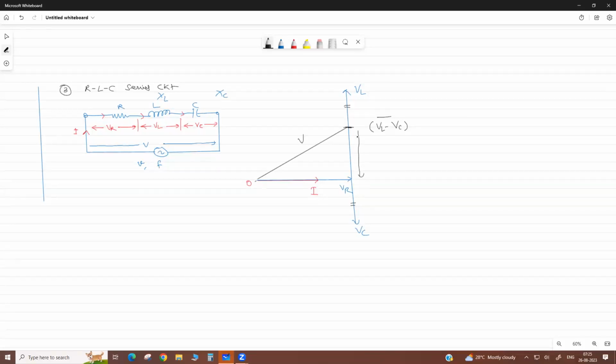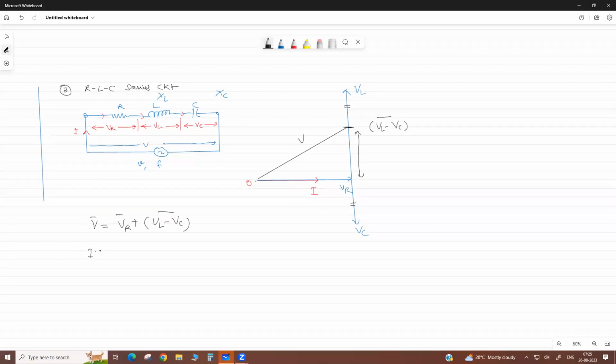Okay, so now if you calculate the vector, the total voltage V equals VR plus VL minus VC, vector sum.